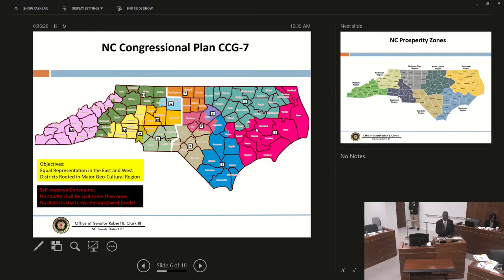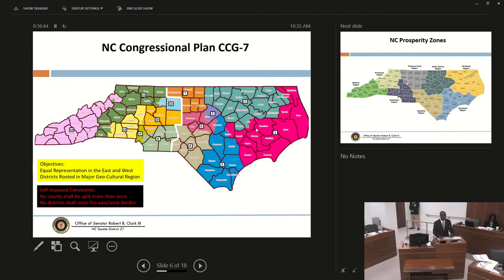But the reason I did that is because I've been reviewing a lot of maps over the past year. I have a lot of enthusiasts out there doing their own maps, and people really like doing maps. But one thing that started to become apparent to me is that the gateway to gerrymandering is to go in and split a municipality more than one time.